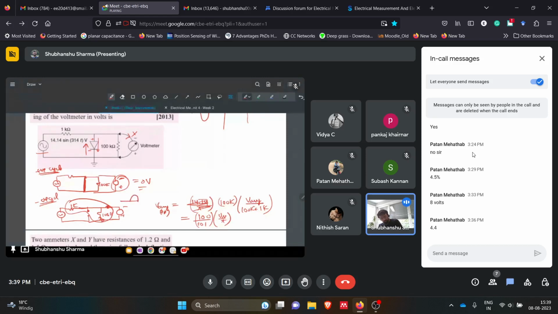So we have Vm as 14.14, that is, 14.14 divided by pi, into 100 divided by 101. If we solve this, we'll get 4.4. So the answer was right. Any doubts in this question?